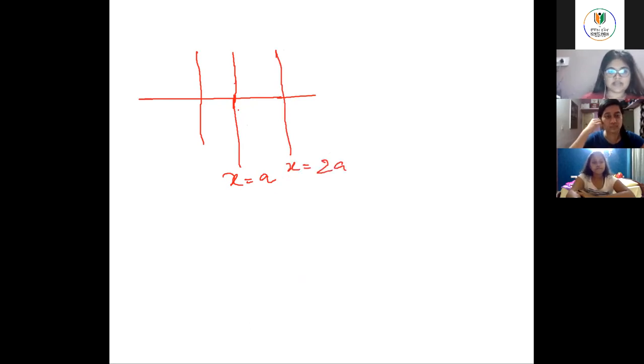Now, what is the next line given to you? Is it minus 2a given in the question? No, x is equal to a, x is equal to 2a, y is equal to minus a, and y is equal to a. So y is equal to a is like this, and y is equal to minus a is like this.